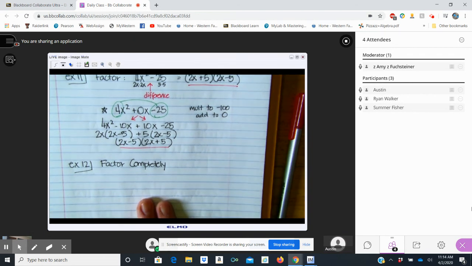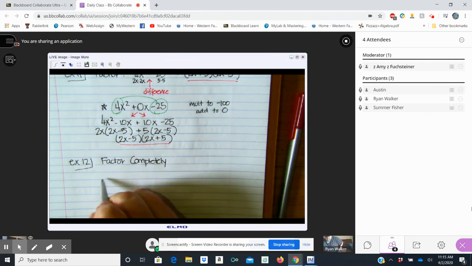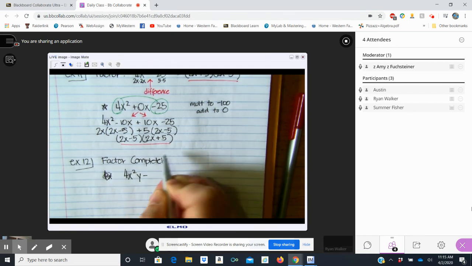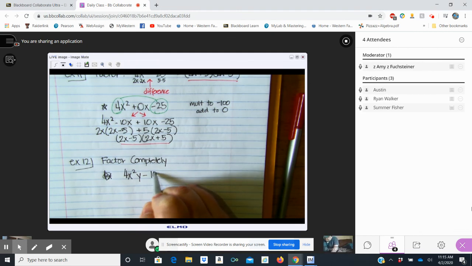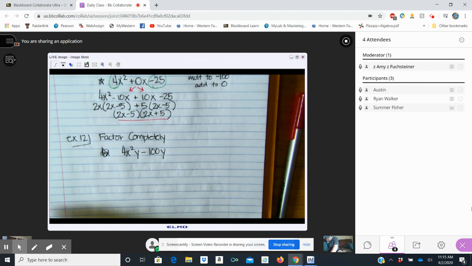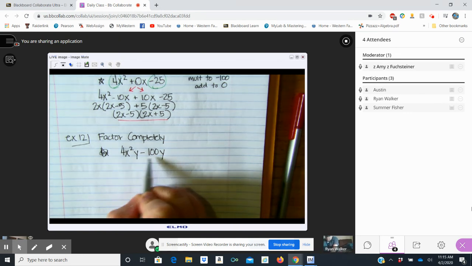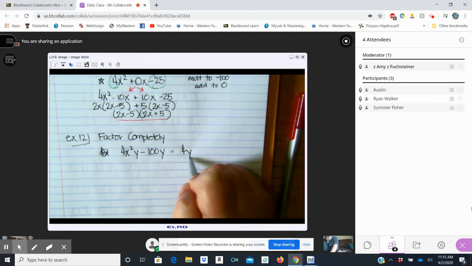You will also get some problems where you have to factor completely. Notice that in both of these terms, I can take out a 4 and I can take out a y.